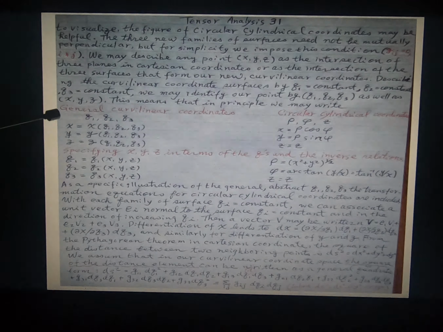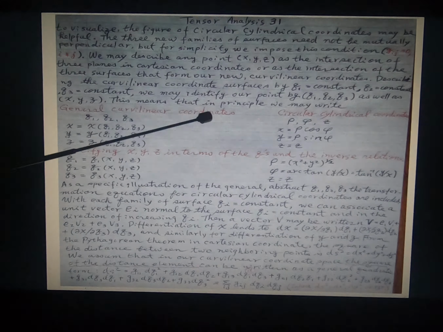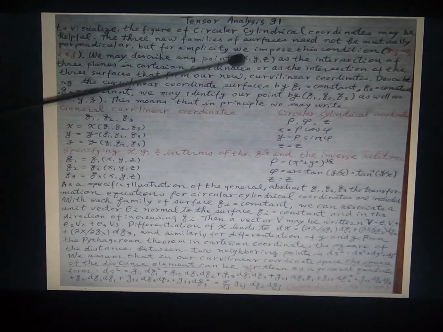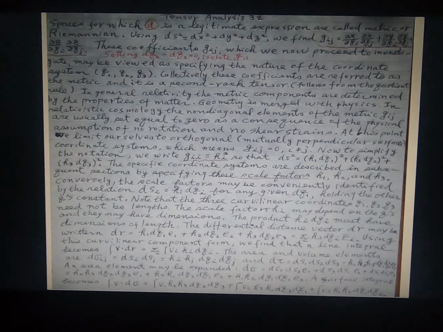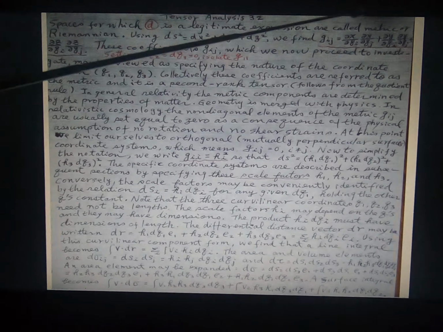And we use the curvilinear coordinates, and this is how it looks, and this is the so-called metric system. Metric.